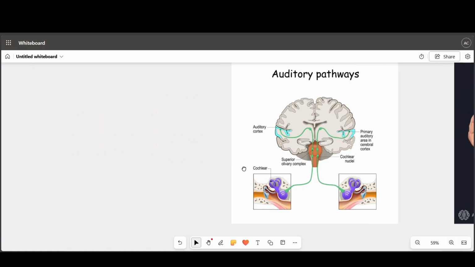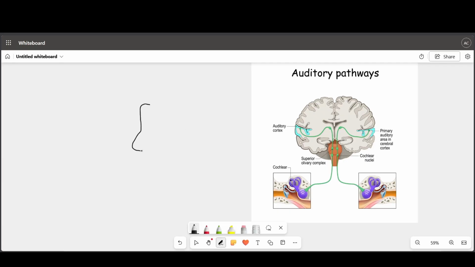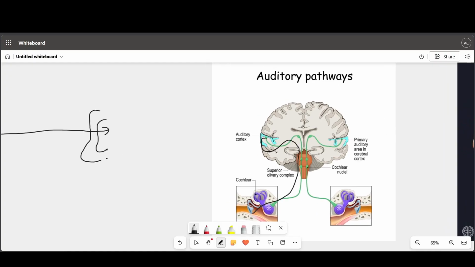Whenever you listen to music, let's say these are your ears, a signal goes into your ears and then travels all the way to this part of the cerebrum, the auditory cortex. What the auditory cortex does is it basically just captures music or any type of audio that you listen to.